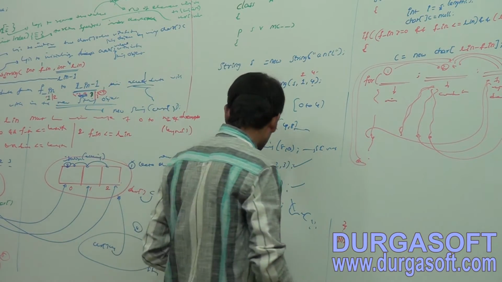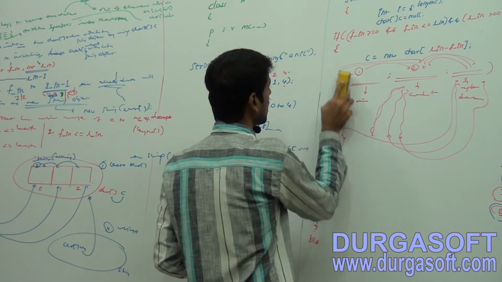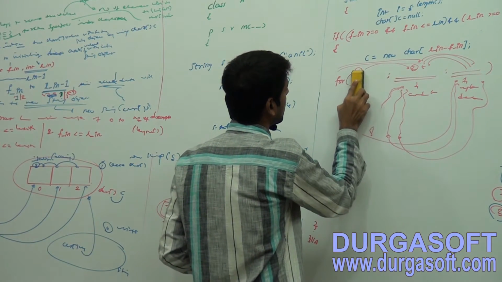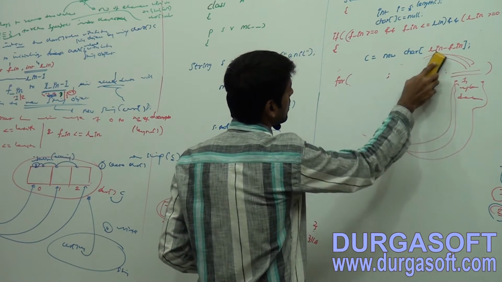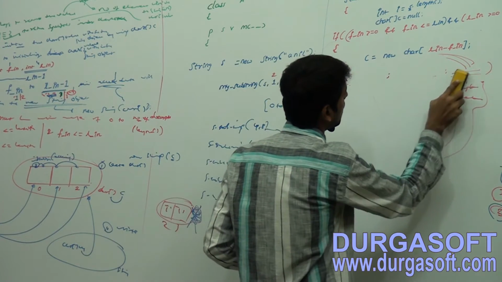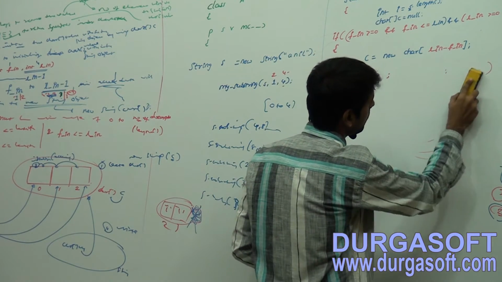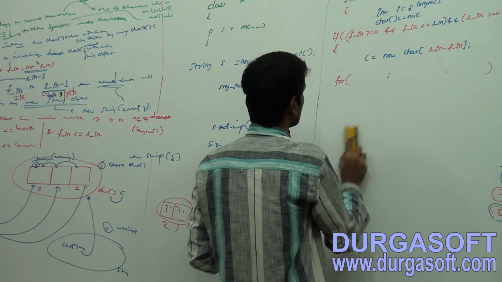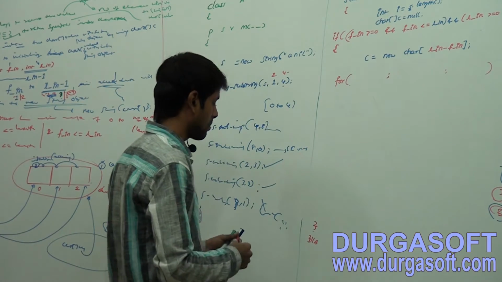Now observe. Let me take this for loop. We have the initialization section, conditional checking section, and incrementation or updation section. I have even given the knowledge of the flow. Now observe this part.